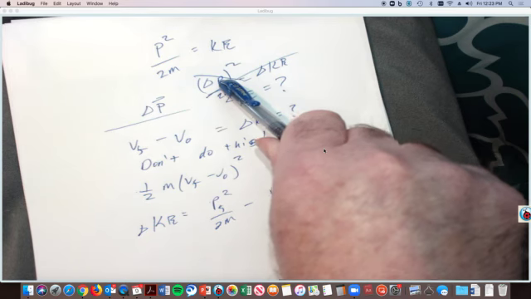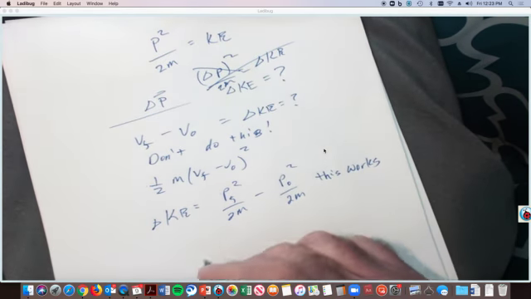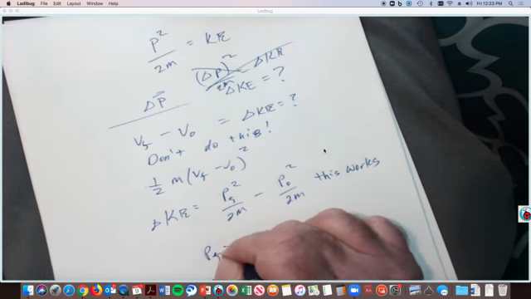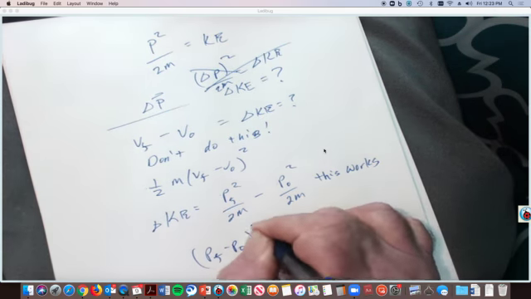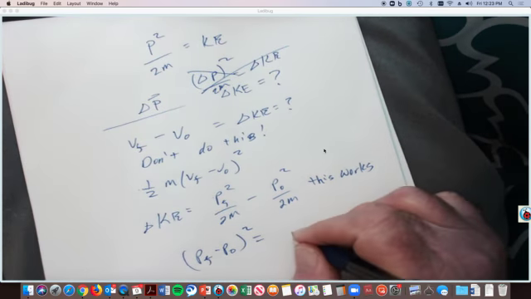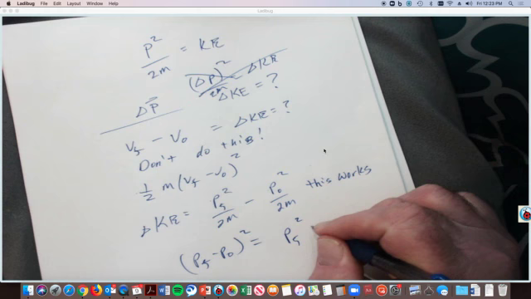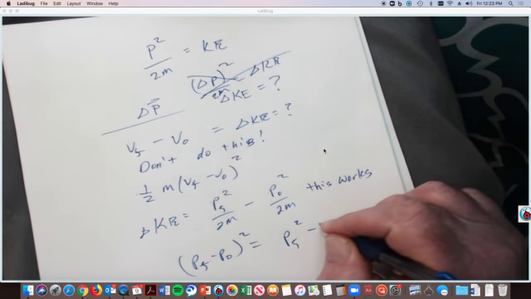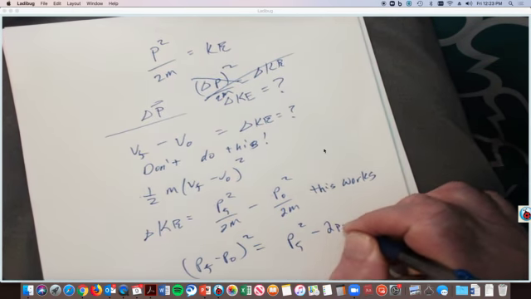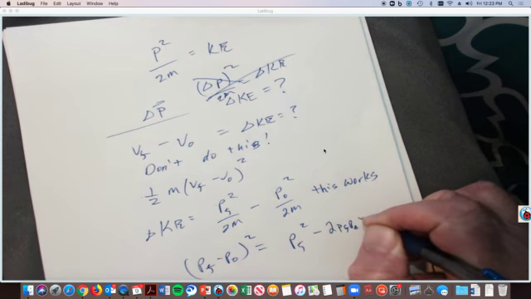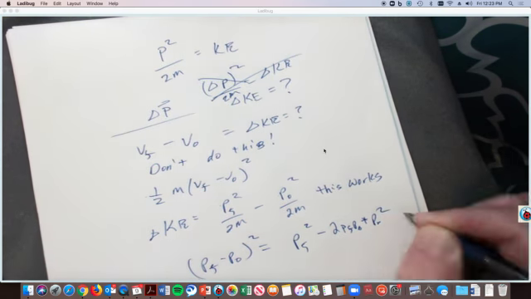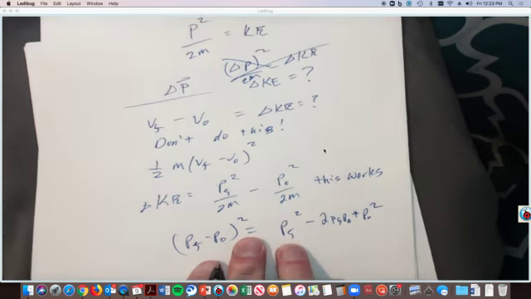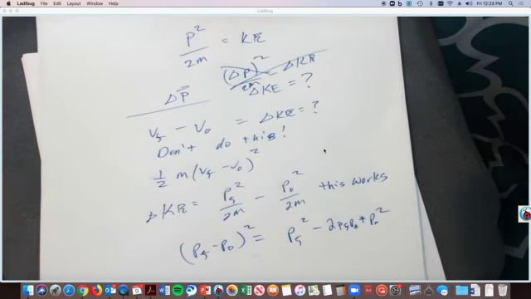See, there's a big difference, because (PF minus P naught) squared is equal to PF squared minus 2 PF P naught plus P naught squared. It's the exact thing that I said, don't do that.